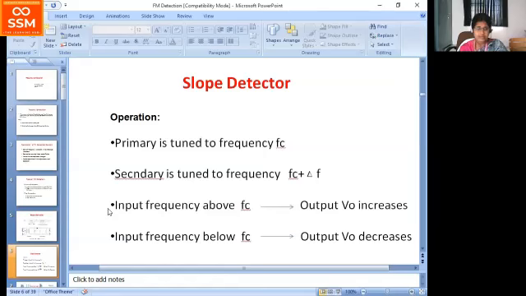Amplitude remains constant; there is no change in the amplitude. If the input frequency is above FC, the output V naught increases. If the input frequency is below FC, the output V naught decreases.